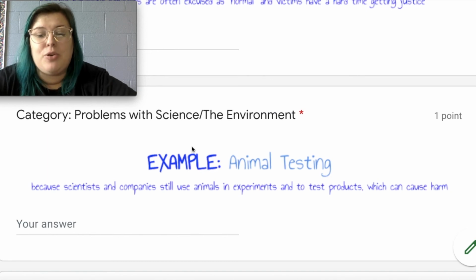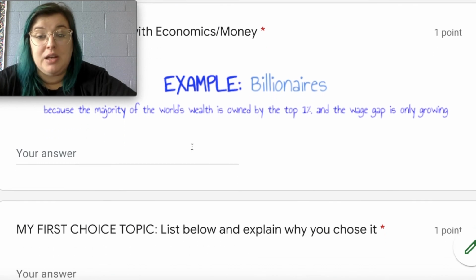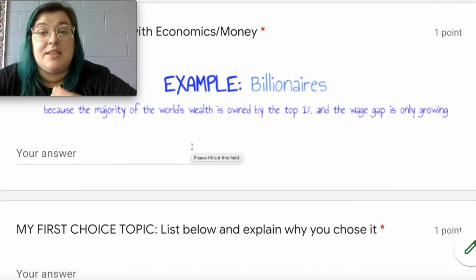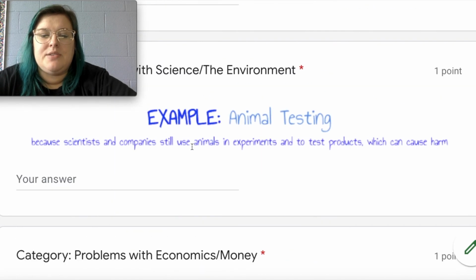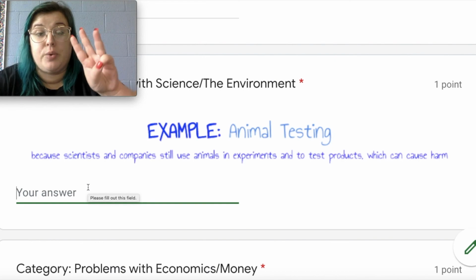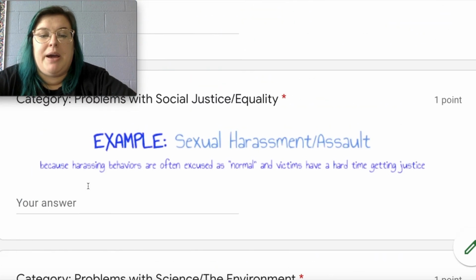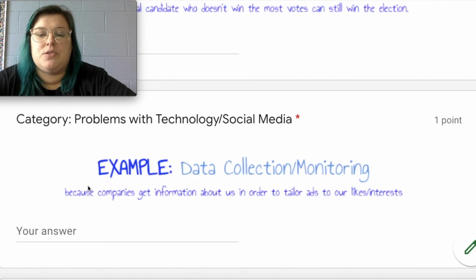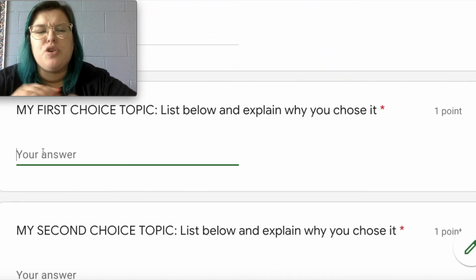It does, however, need to be specific enough that you could actually argue it and it be less than 5 pages long. So once you have brainstormed all of your topics, and you type them all here, make sure that there are 3 in each of these categories. Then go back up here, look through the ones you brainstormed, come to the bottom down here, and type in your first choice.